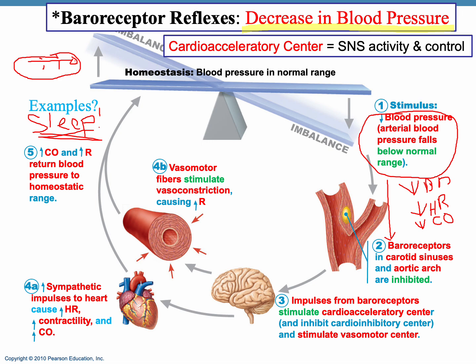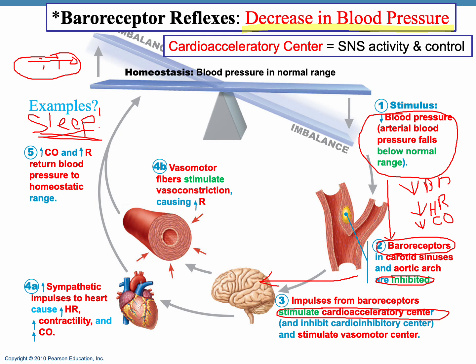Messages can then be sent to the baroreceptors, but this time they become what's known as inhibited. Messages are sent from the baroreceptors to your brain, but now a new center is stimulated, and that's the cardio-acceleratory center. When you think of acceleratory, think acceleration, increase.